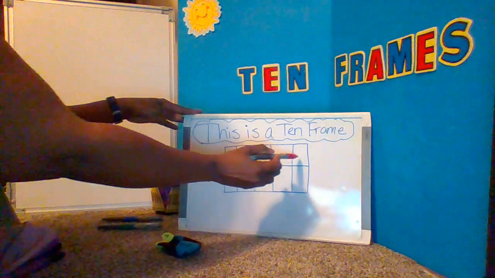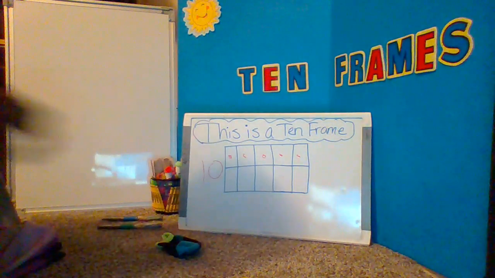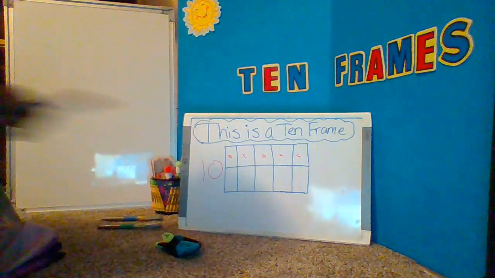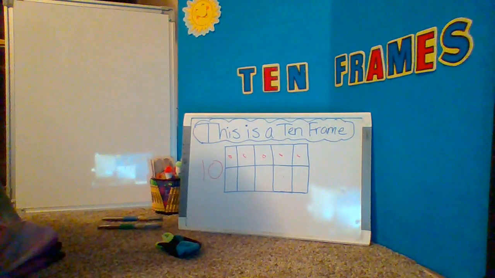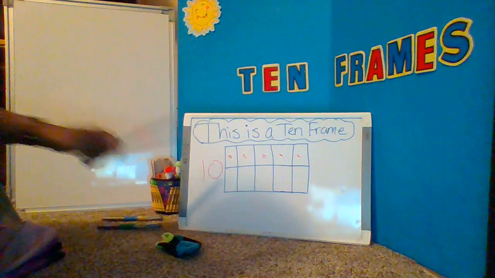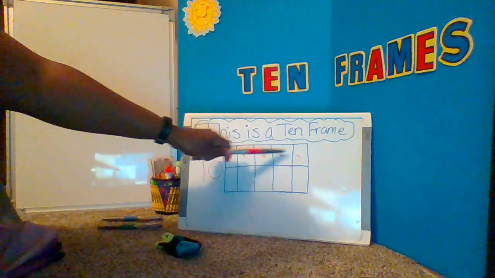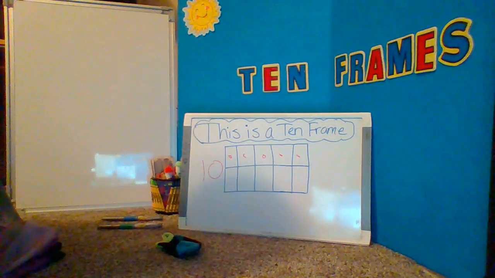So if we were to add 5 across the top and leave the 5 bottom ones open, students will be able to look at this and quickly answer, I have 5 spaces covered in my 10 frame, without having to count using 1, 2, 3, 4, 5, because we already know.